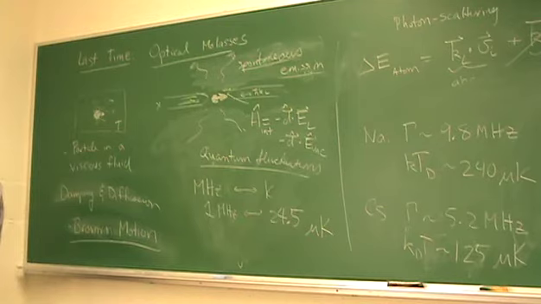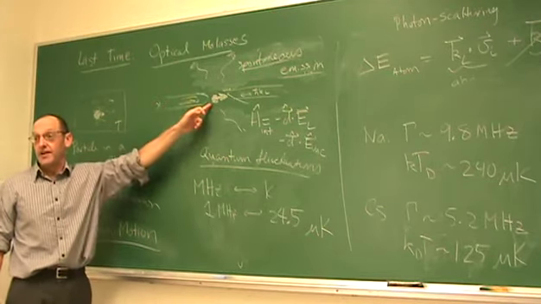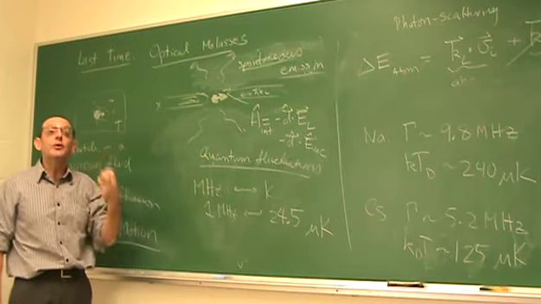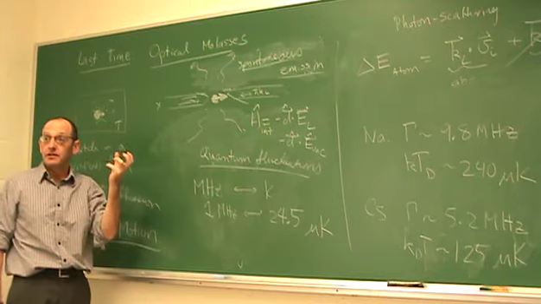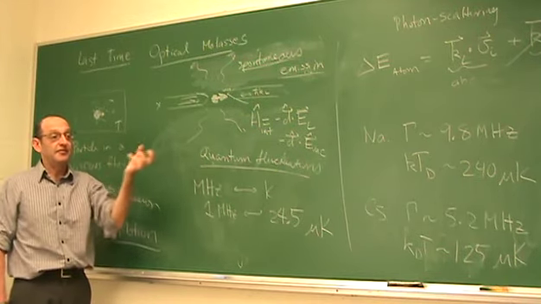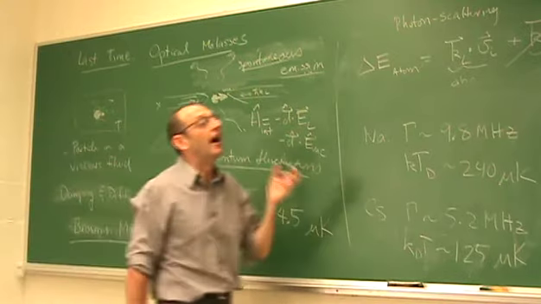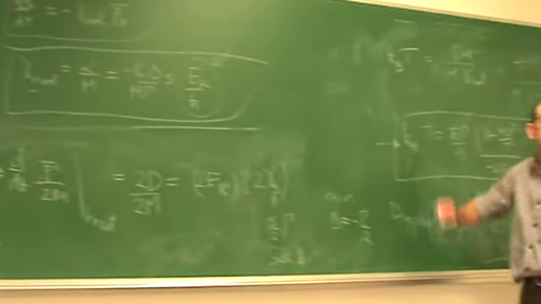Another important thing is that there's a fluctuation in the number of photons. So there are fluctuations in absorption, and there are also fluctuations in emission. Both of those give rise to the fluctuations which determine a diffusion and a temperature.